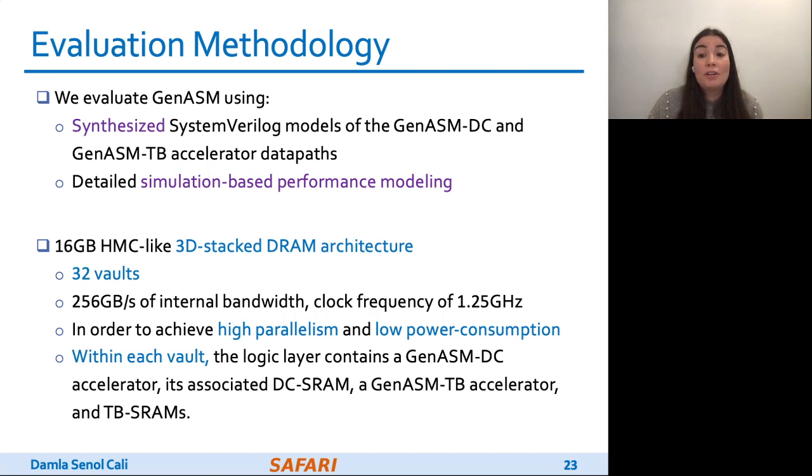So our accelerators can be ported anywhere in the system, but in order to achieve high parallelism and low power consumption, we place GenASM-DC, GenASM-TB and the associated SRAMs in the logic layer of 3D-stacked memory. As I will show next, our hardware is highly efficient in terms of both area and power, so they are within the budget limits of the logic layer.